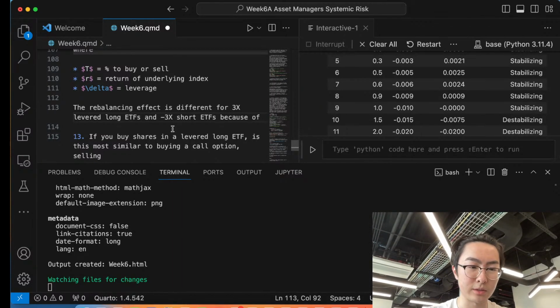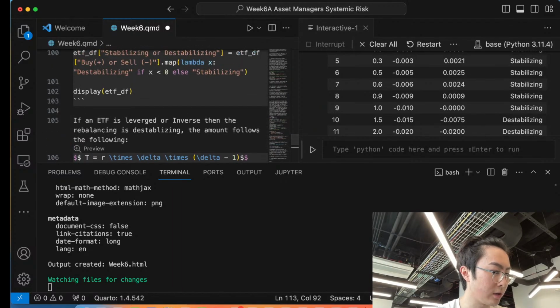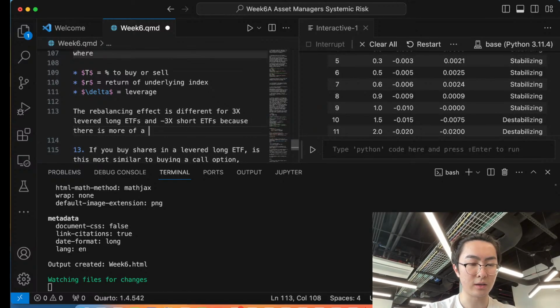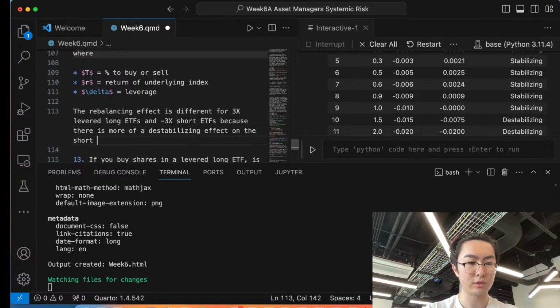I think the actual reason why the rebalancing effect is different is because when you have a short position, you have a more destabilizing exposure than the 3x levered ETF. There is more of a destabilizing effect on the short position.